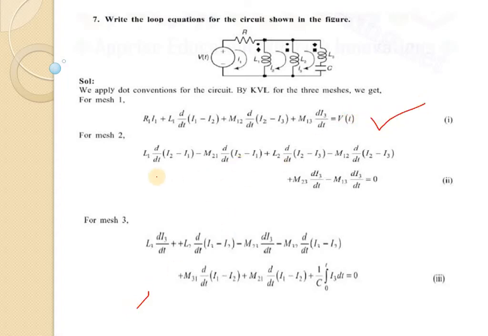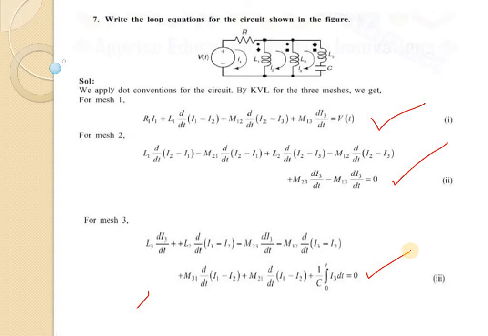In a similar way, we have calculated the KVL equation for loop 2 also, and the same way for loop 3. We have to remember that for the first loop, the mutual inductance effect will be for M12 and M13.